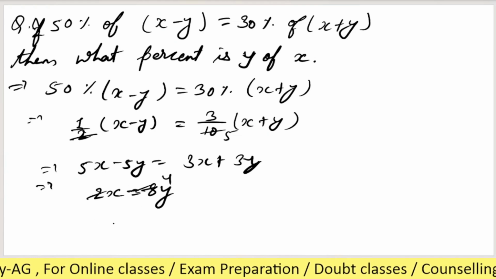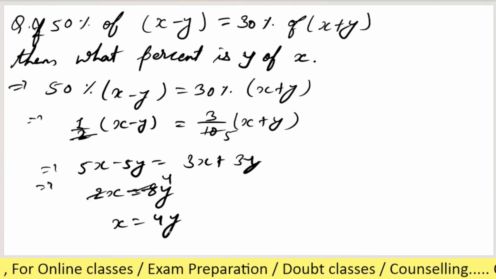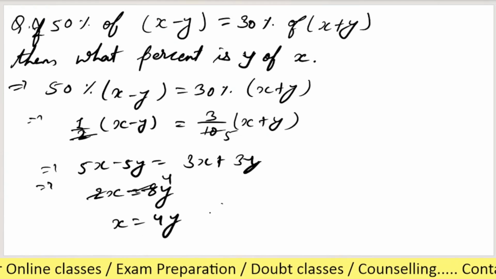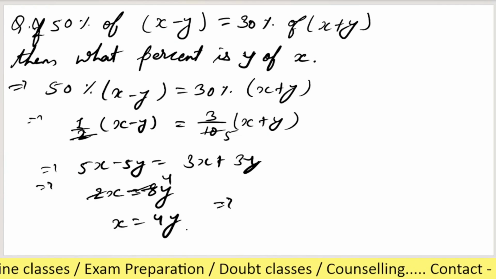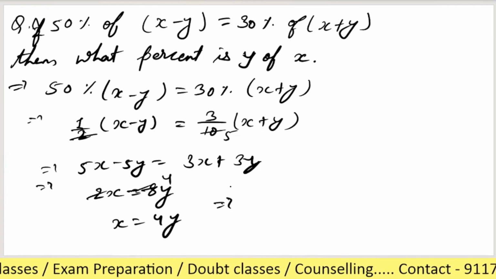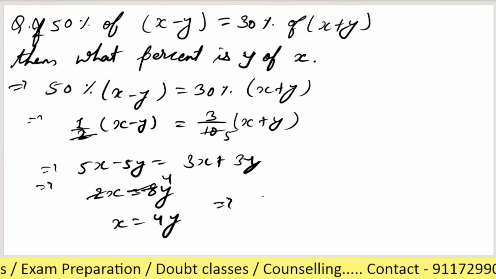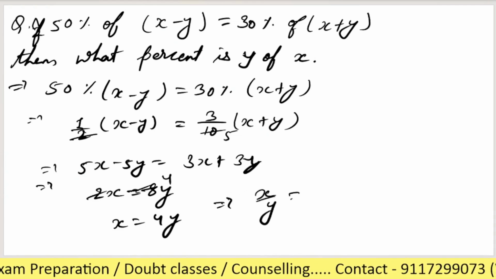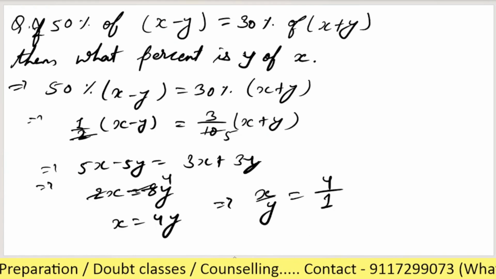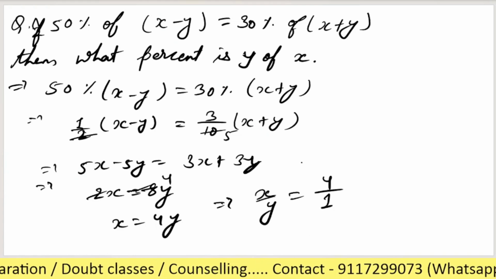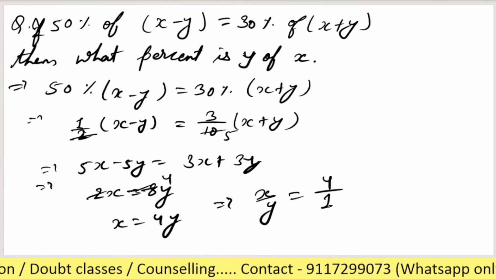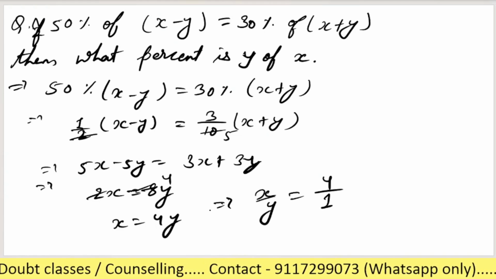So it will be x equal to 4y. We have to find y of x. Okay, x by y is equal to 4 by 1, right? It means the value of x is 4 and the value of y is 1. We have to find what percent is y of x.